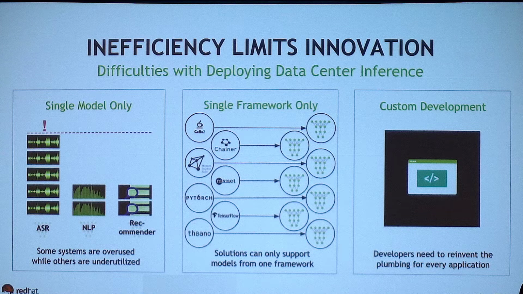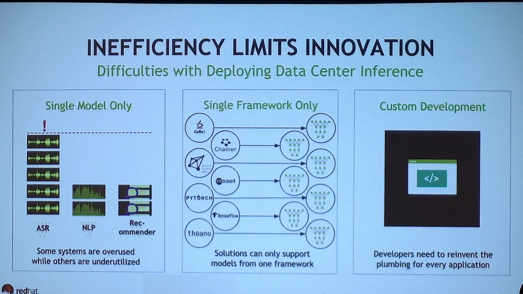Another pain point is having only single framework support, and this restricts teams to only use one framework. If there are several teams and they want to develop in PyTorch, TensorFlow, and Caffe, they would all have to build out their own custom pipeline, which is not efficient as well.